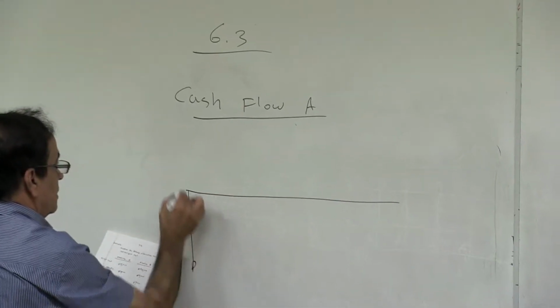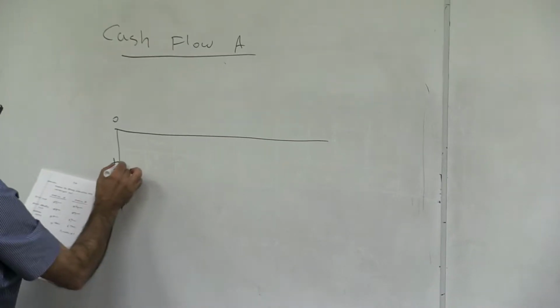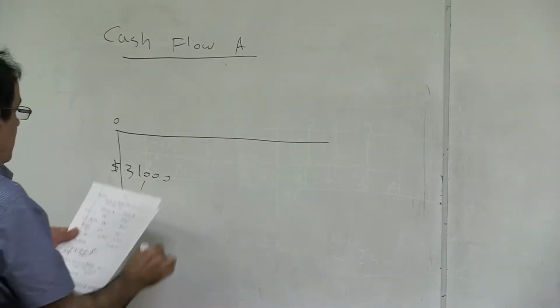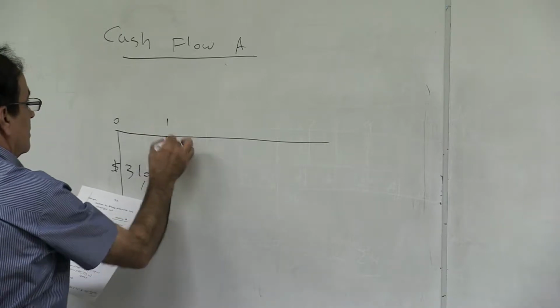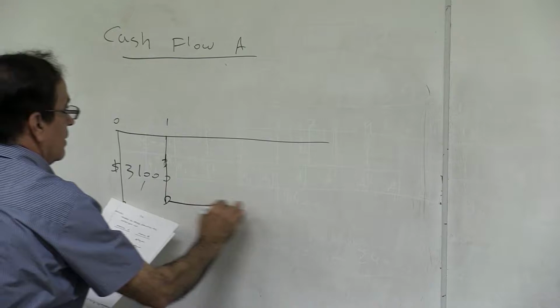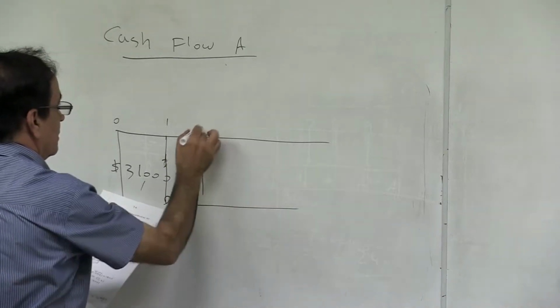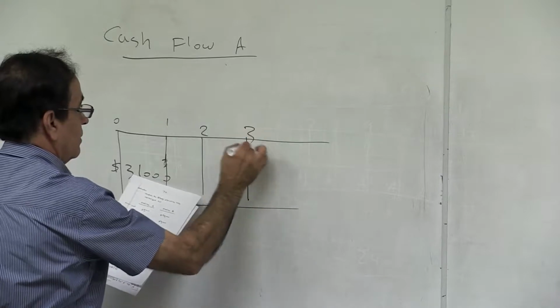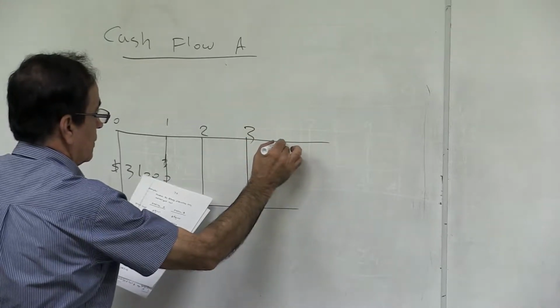So the initial cost is 31,000. The annual operating cost is, this is year 1 through year 4. So the life of this alternative is only 4 years.